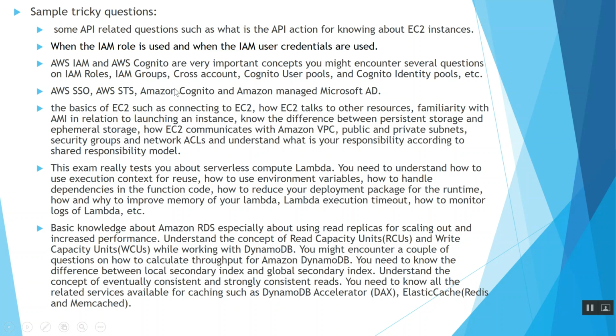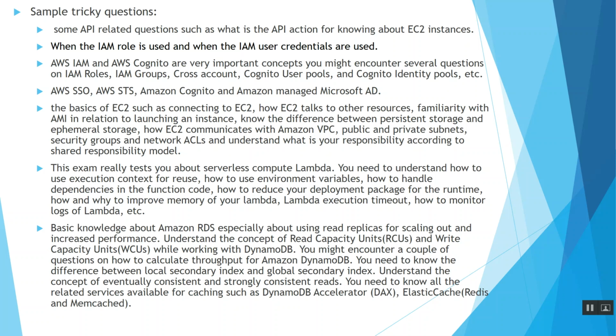AWS IAM and AWS Cognito are very important concepts. You might encounter several questions on IAM roles, IAM groups, cross account, Cognito user pools, and Cognito identity pools, etc. And AWS also has AWS SSO, single sign-on, AWS STS, AWS Cognito, and AWS managed Microsoft Active Directory.